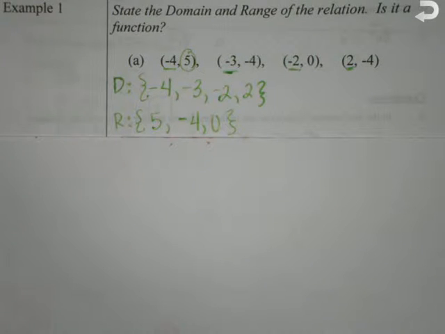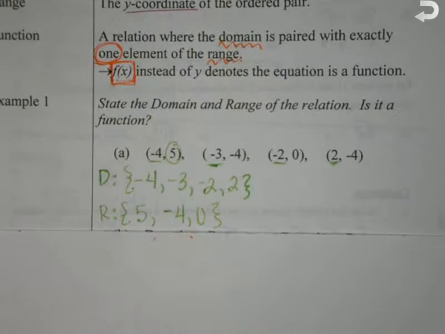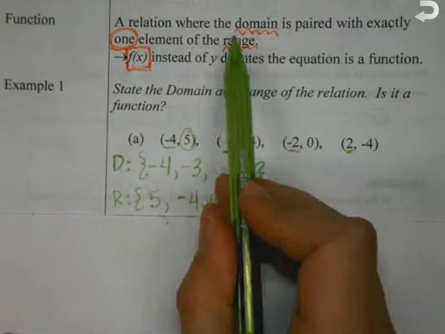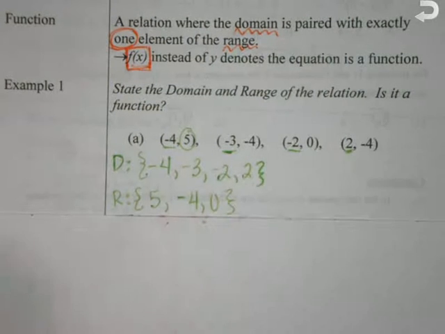Okay, so the next question is, is this a function? Now, let's think about it. My definition of a function: each item in the domain has only one thing that it's paired with in the range.